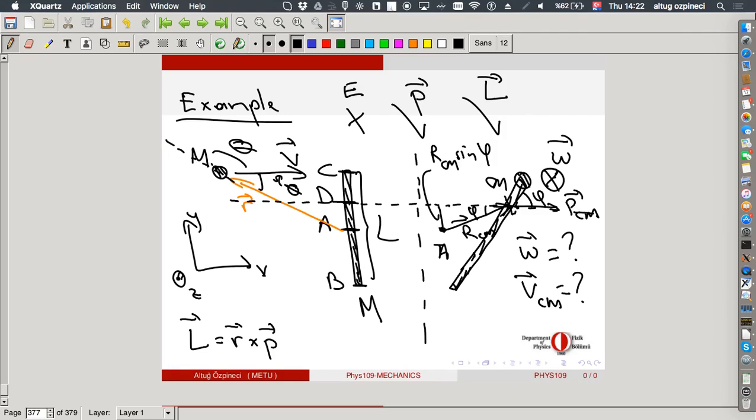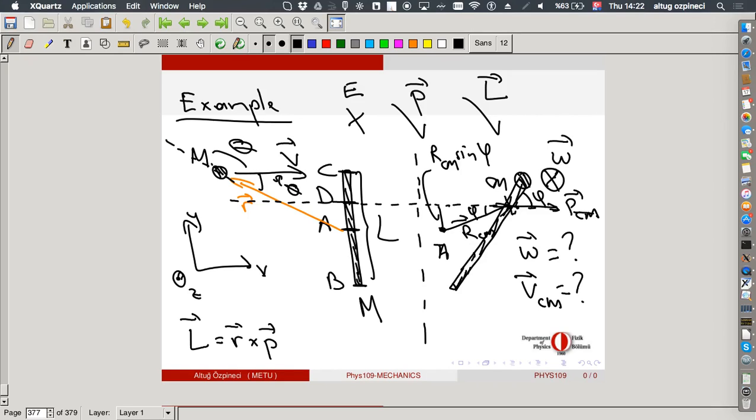So what is that distance? L over 4. Since both have the same mass, the center of mass of the rod and the center of mass of this point mass is just, if you connect them by a line, at the middle of that line. So this point is at the middle, both vertically and horizontally.